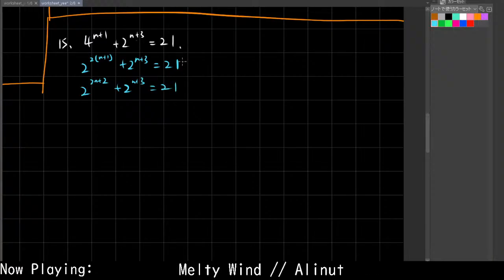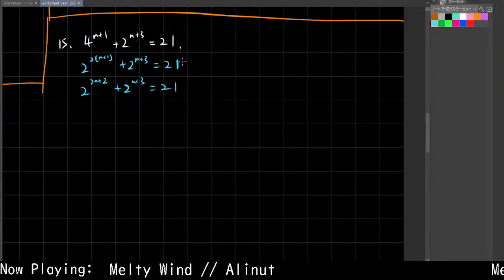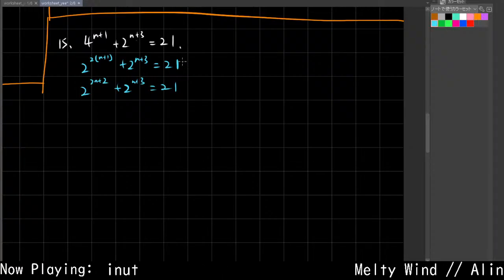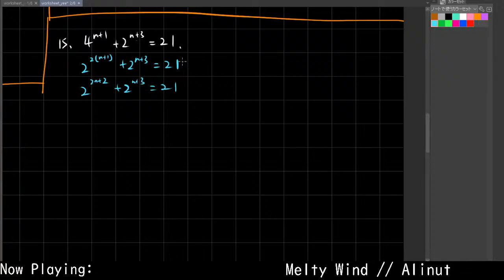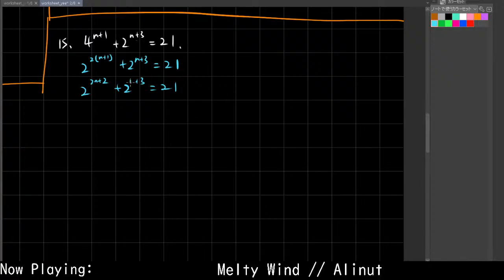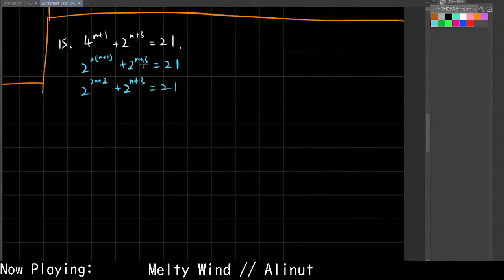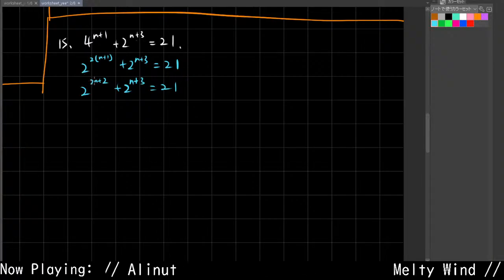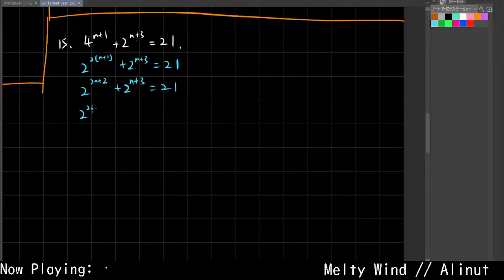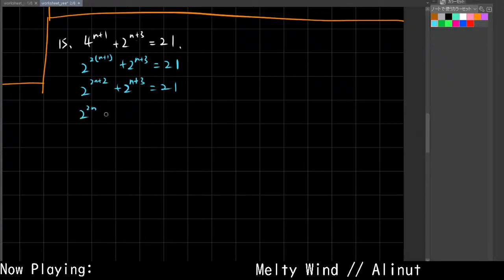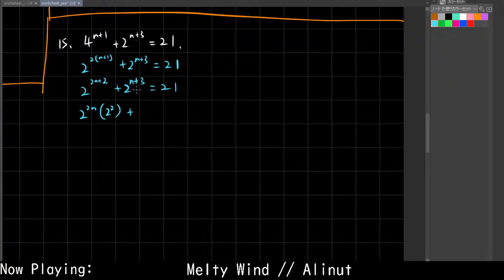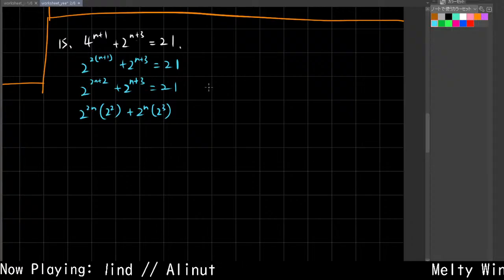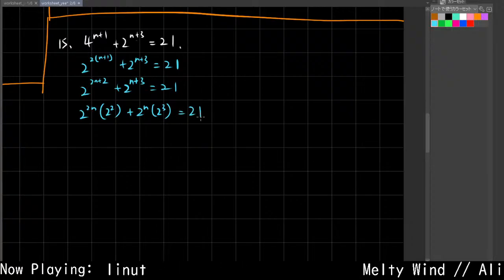And then you want to separate the powers out. Since there's a plus over there, if there's any addition or subtraction in your power, you can separate it into 2 separate terms. So 2n plus 2, I can separate into 2 to the 2 multiplying 2 to the n. And n plus 3, I can separate into n and 3 separately like that. This is equal to 31.